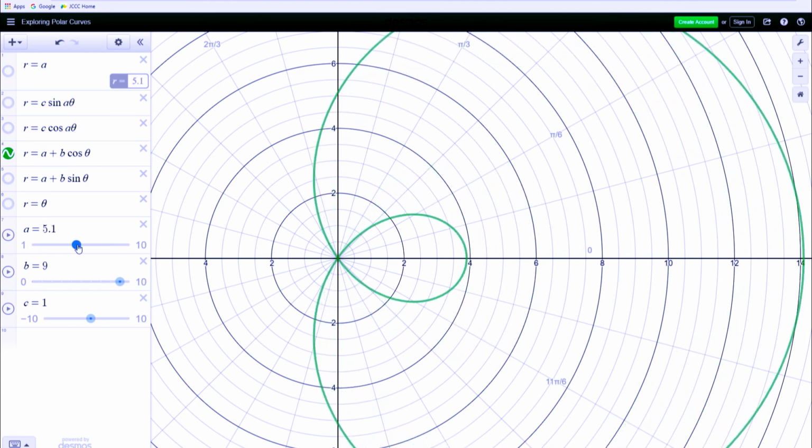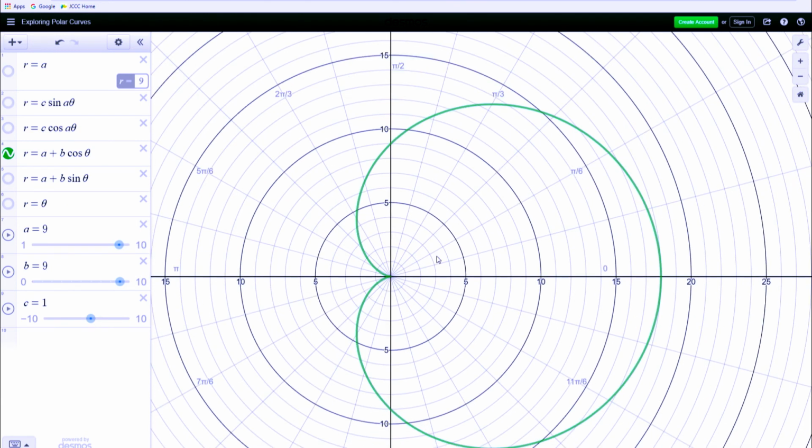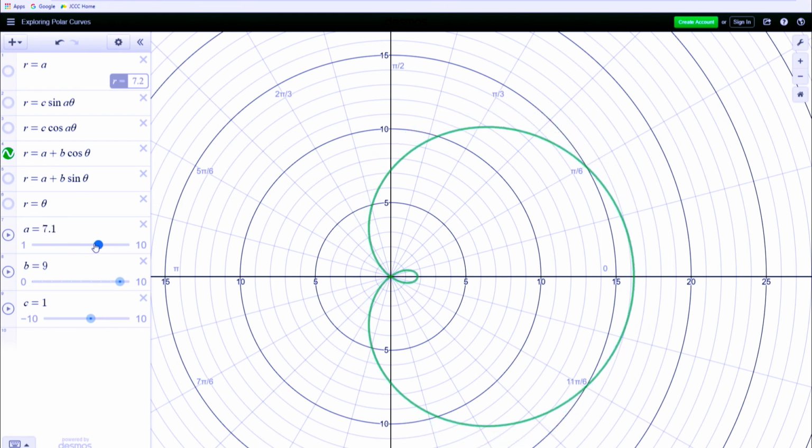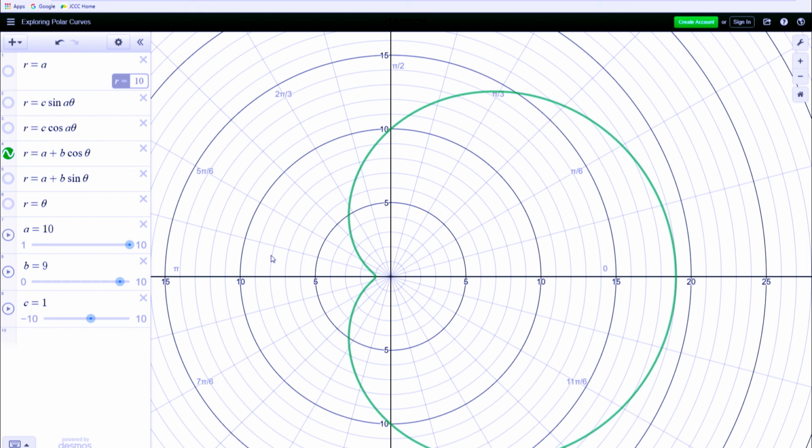It's important that it's smaller than b. So right when they're equal, here they're both 9, for example, now we're back to that same cardioid shape. It's larger, but it's got the same shape. So when these a and b parameters are equal, you get that perfect cardioid. When a is smaller than b, you get some inner loop. When a is bigger than b, you start to lose that little cleft there in the cardioid.